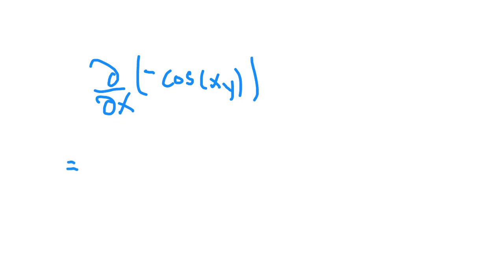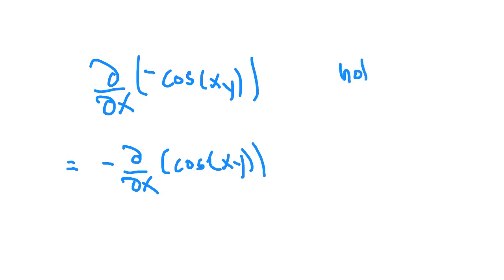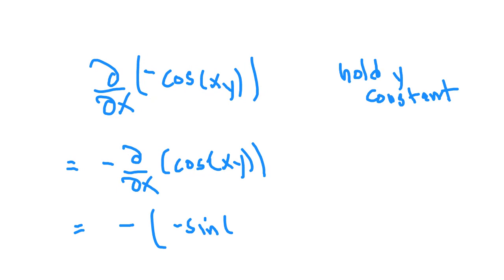you can bring the negative out front. And of course, you're going to hold the y constant. So by the chain rule, you'll get negative times the derivative of cosine, which is negative sine.